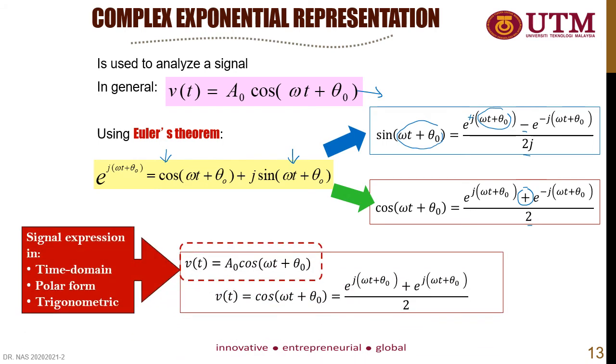So in summary, when you have this trigonometric function, it can be written in exponential form by using Euler's theorem. And this trigonometric function can also be called polar form or time signal expression in time domain, while the exponential form is called complex exponential function.